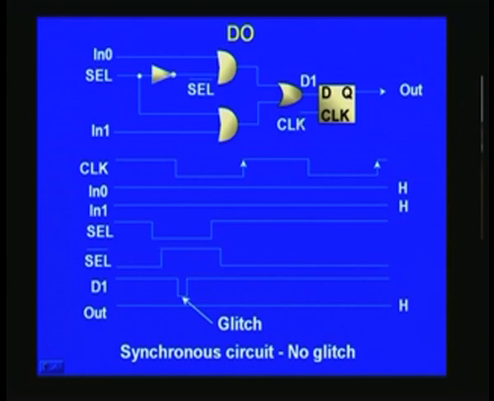And here all this glitch will happen before the rising edge of the pulse. You should keep in mind the total delay of this one, and then only select your frequency.